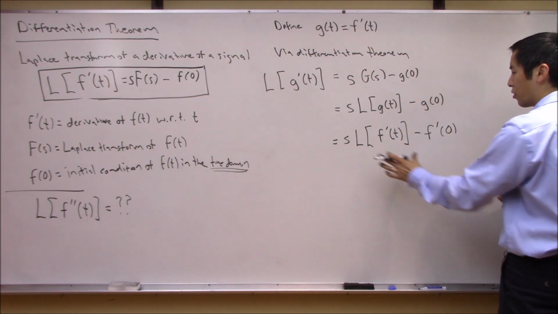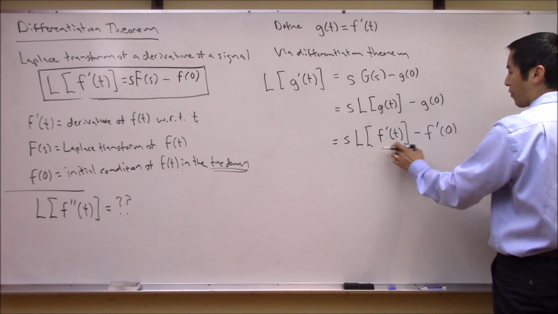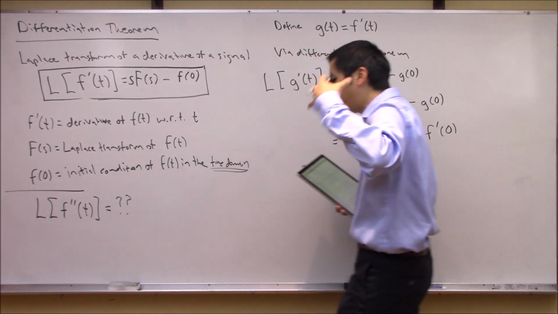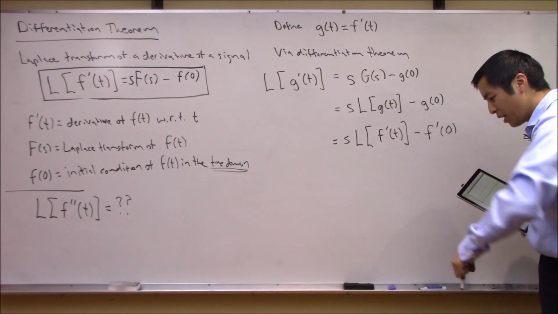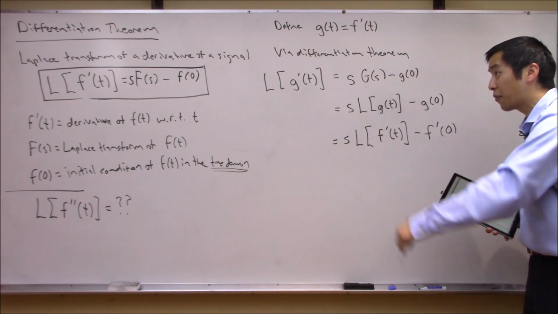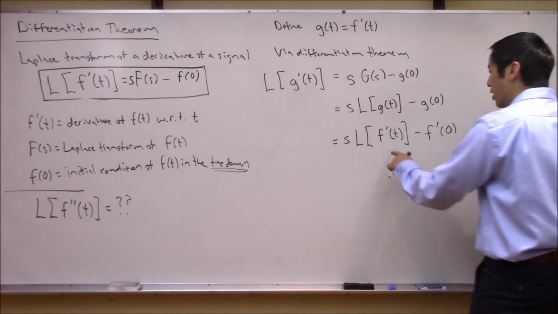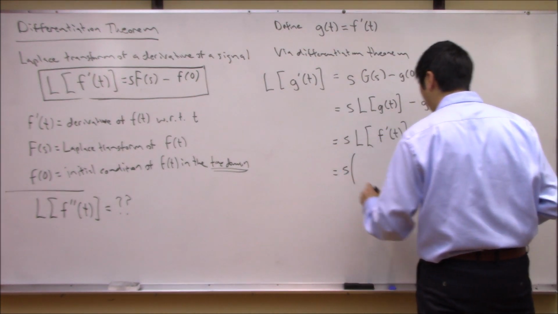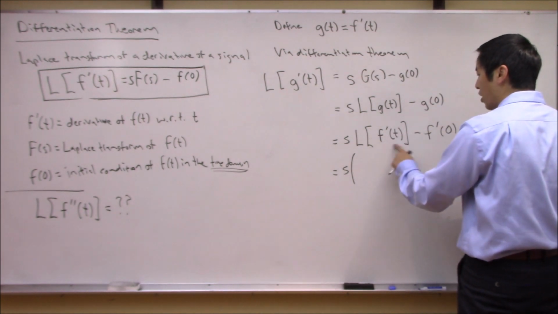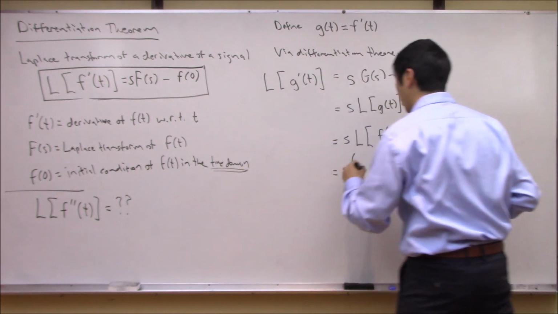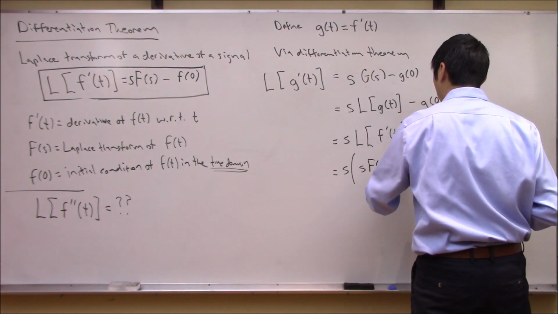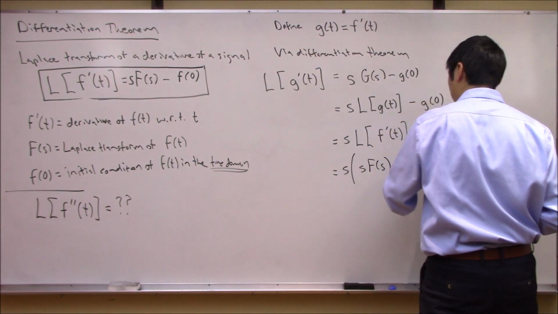Okay, let's look at this term. What the heck is the Laplace transform of f prime of t? That's exactly what the differentiation theorem is. So let's just apply it again. Instead of it being turtles all the way down, it's just the differentiation theorem all the way down. So now I've got s times, and I have to make sure I'm careful with my parentheses, this thing right here, so this is s f sub s minus f0, right?